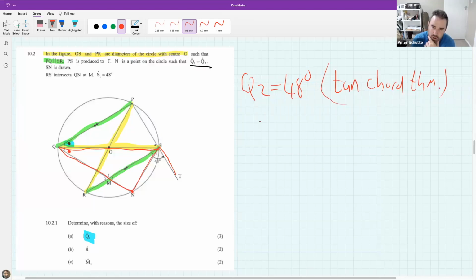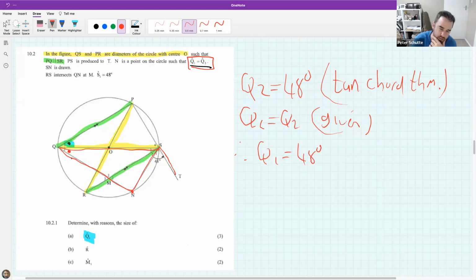But we know Q1 equals Q2, and that was given, right? That was up here. Therefore, Q1 must equal 48 degrees. So you're right. That is equal to 48, and that is equal to 48. So that one's done.